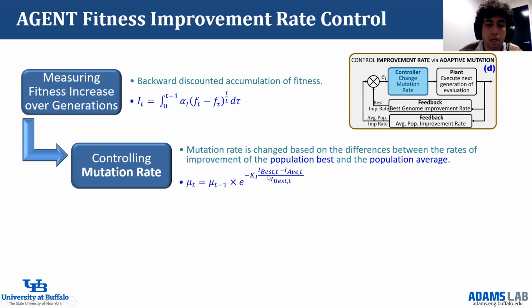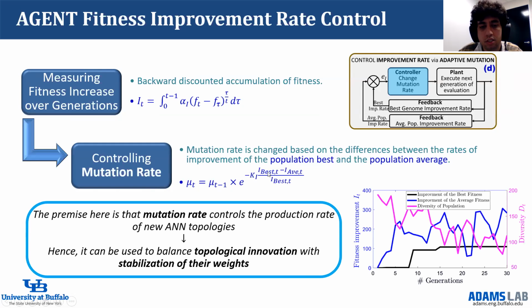If the best answer is higher, then we decrease the mutation rate, so we are allowing the rest of the population to reach the best answer using crossover and selection pressure. And if the best answer is not as good as before, and it's just like the average answer, we allow the mutation to be higher so it can explore the space better.